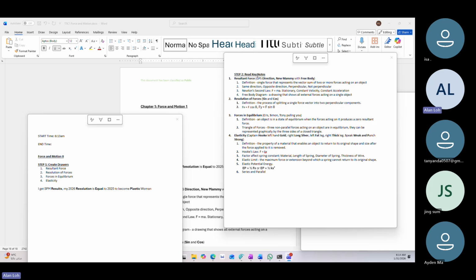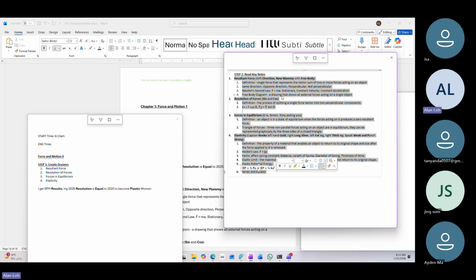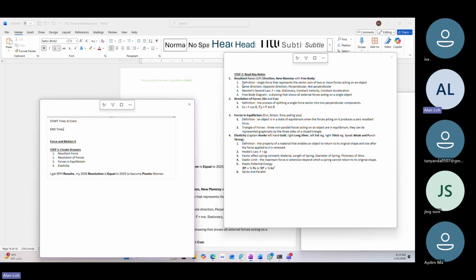So step number 2 is to read keynotes. You can read this and ignore the part in the bracket for now. Every drawer has something in the bracket; you can ignore that for now. You can read from here to here, and you'll realize it is designed in a way that's similar to the 4 drawers: resultant force, resolution forces, equilibrium forces, elasticity.